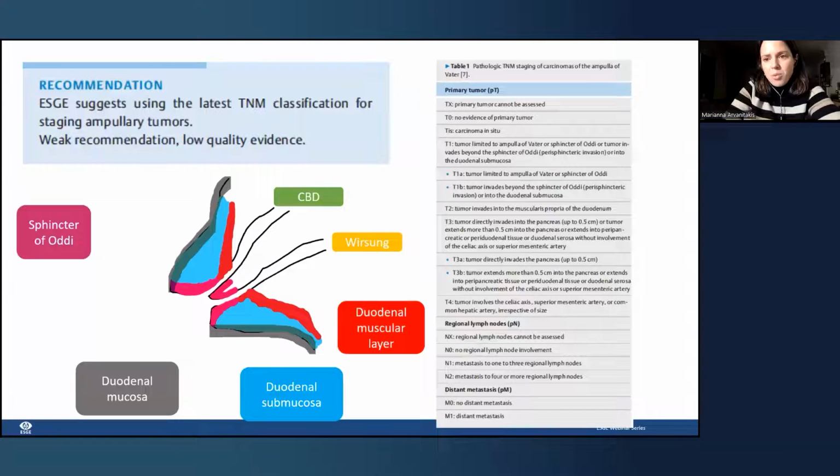This is impossible to do with the current diagnostic tools that we have, and everything that's T1, traditionally in a patient that's fit for surgery and you want a curative approach, you probably go for a surgical resection, a Whipple. So this is important to know because the anatomy is important to know before deciding what you're going to do.